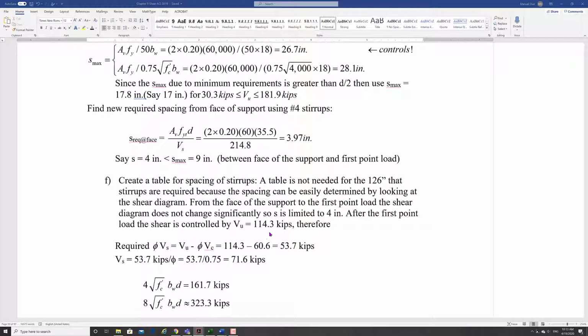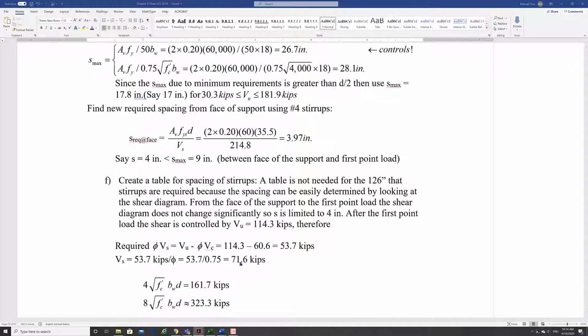Now, when we do this 114.3, which is when we drop, you can find again your calculations if you want to know what spacing you need for this number. So now your shear becomes 114.3. That's your VU. My phi sub c hasn't changed.